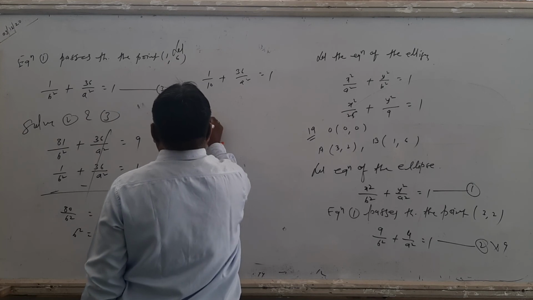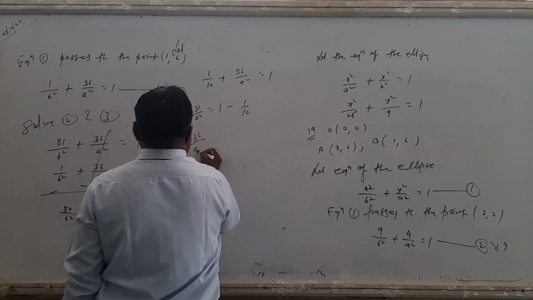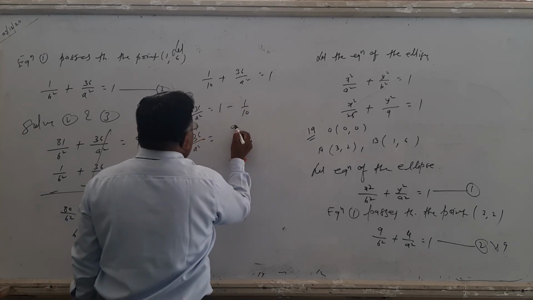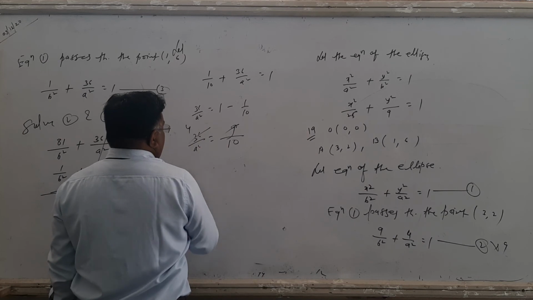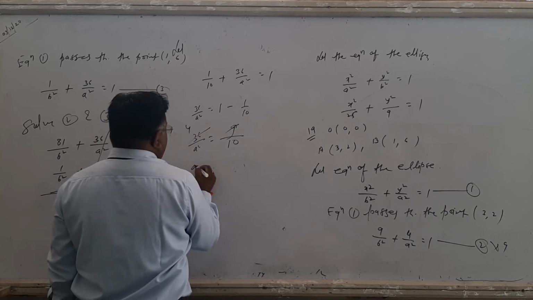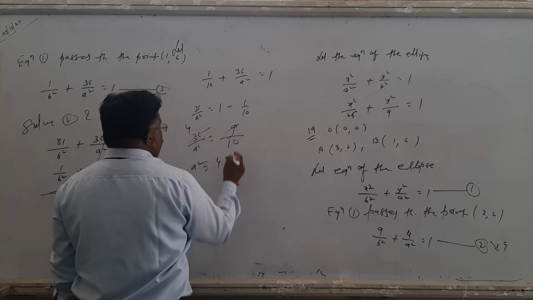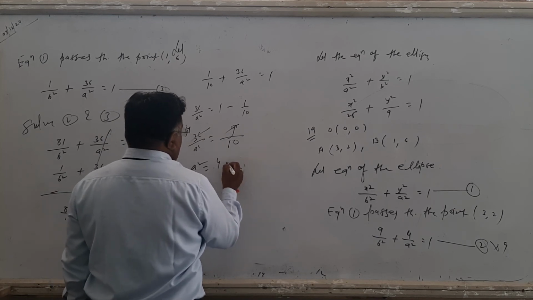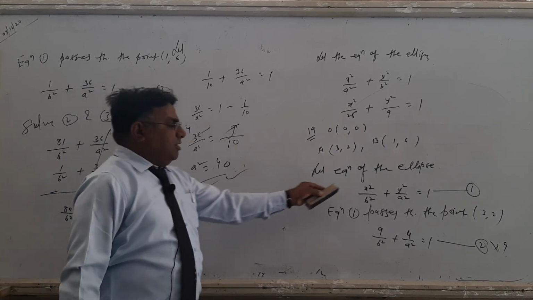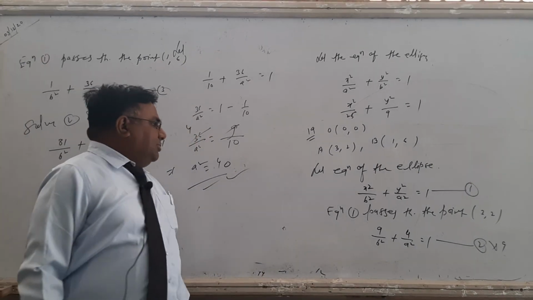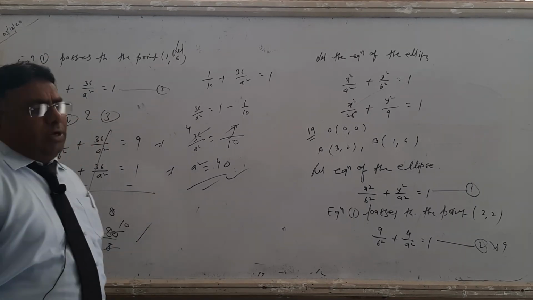Then 36 upon a square equals to 1 minus 1 by 10. That is 36 upon a square equals to 10 minus 1, which is 9 upon 10. Then 9 times 4 is 36. So what is a square? That is 40, cross multiply, right? a square is 40, b square is 10. Now substitute in equation first, that is the answer: x square upon 10 plus y square upon 40 equals to 1.